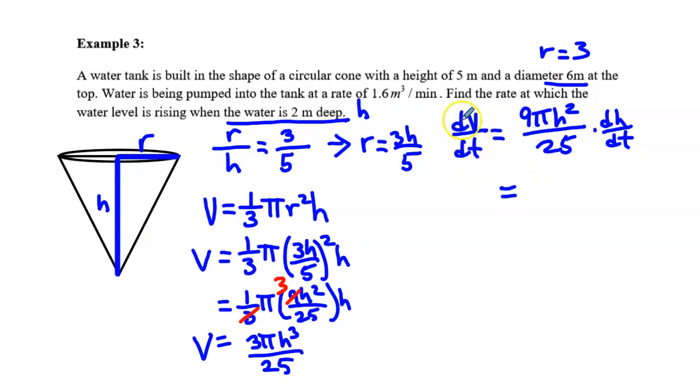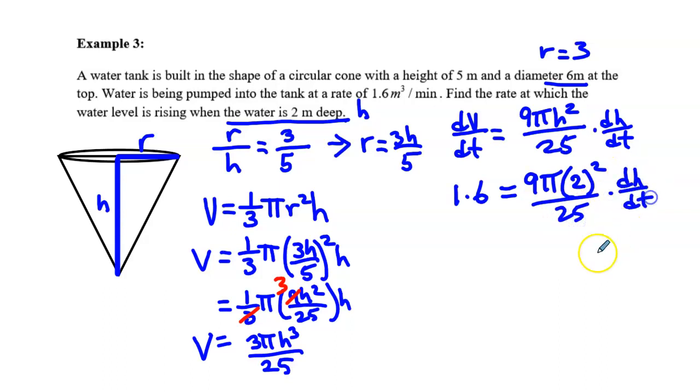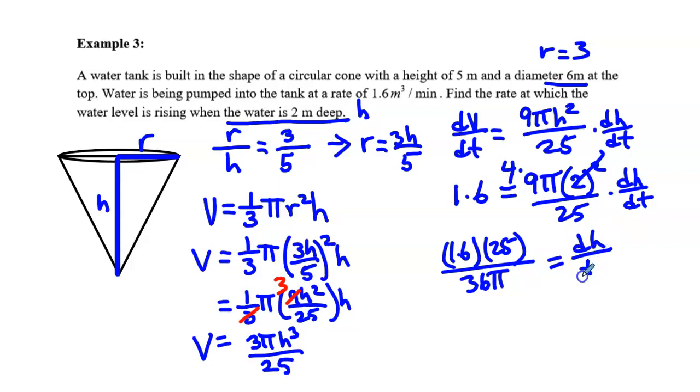So let's put in dV/dt, which is 1.6 cubic meters per minute. And then I've got 9 times pi times 2 meters, the height, squared, divided by 25, times dh/dt, which is what we're looking for here. So I end up with 1.6 times 25 divided by 4 times 9, which is 36 pi, equals dh/dt.